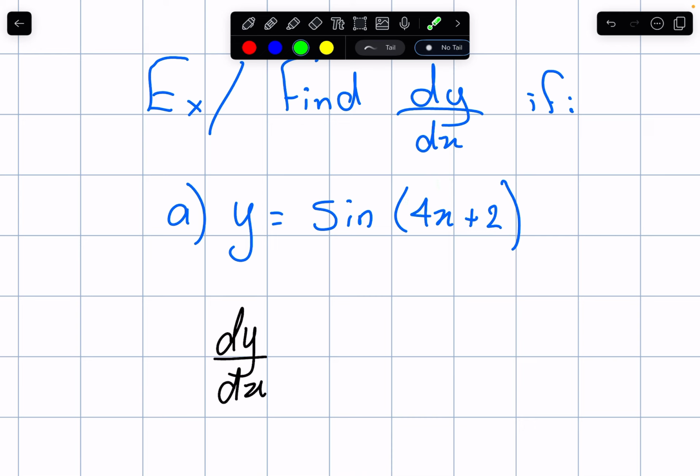So that would just be 4. Now that comes out the front and multiplies, and we know sine goes to positive cos. So cos, and we rewrite the inside of my original function. And that's it, that's all we have to do.